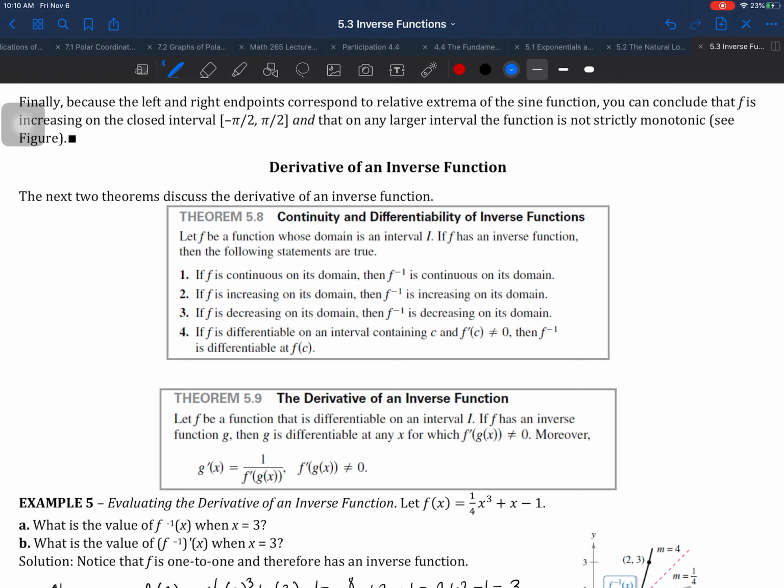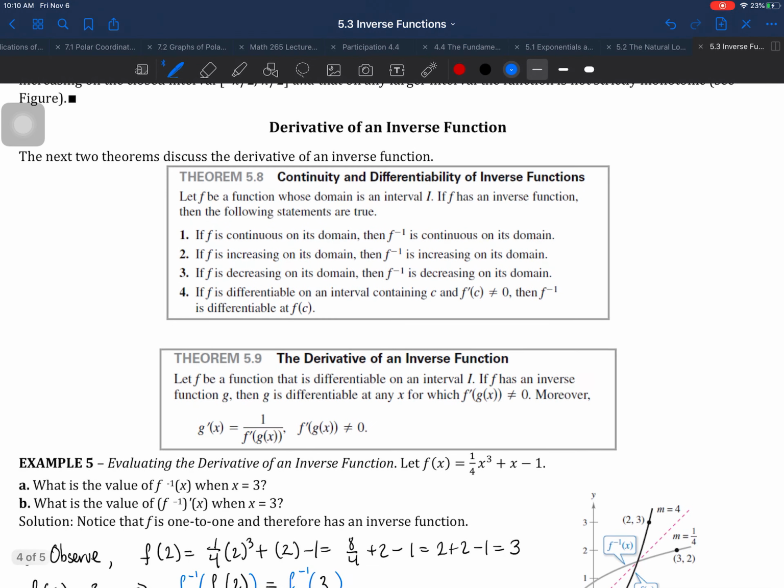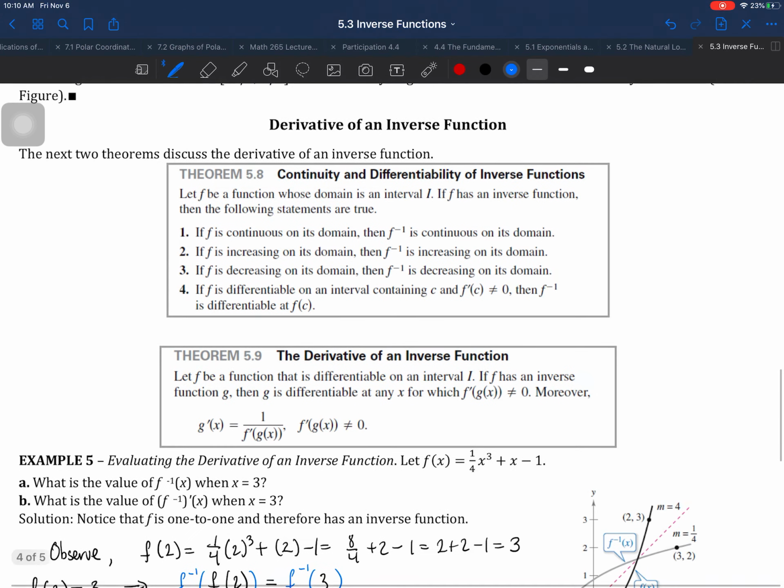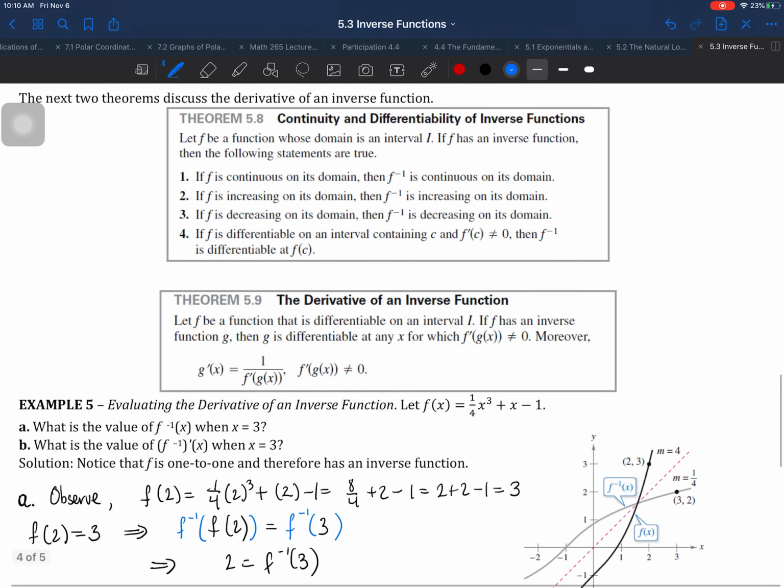If f is increasing on its domain, then f inverse is also increasing on its own domain. If f is decreasing on its own domain, then f inverse is decreasing on its own domain. If f is differentiable on the interval containing c, and f prime of c does not equal 0, then f inverse is also differentiable at f of c.